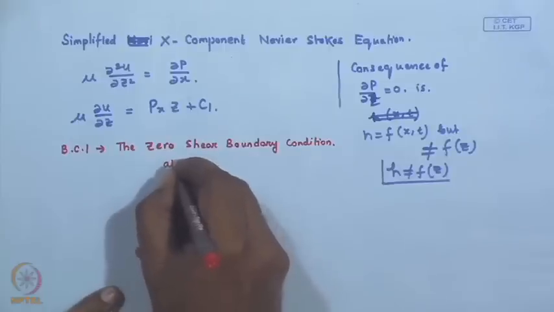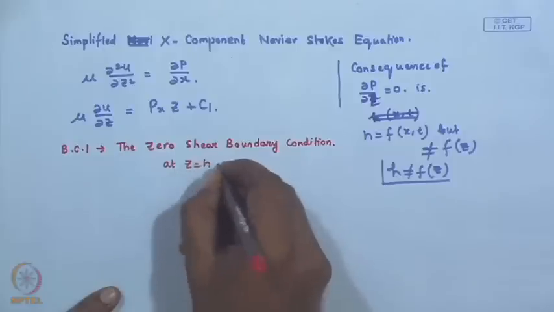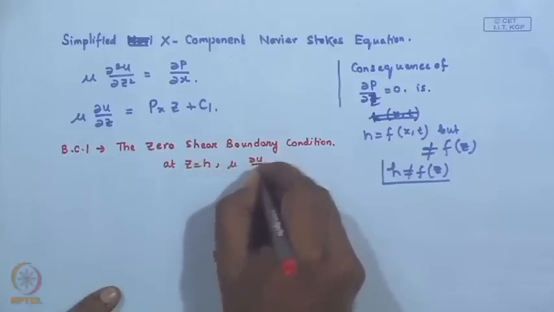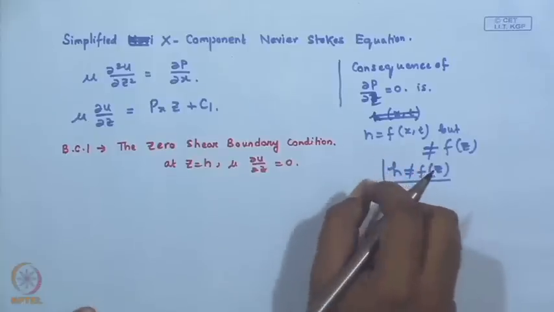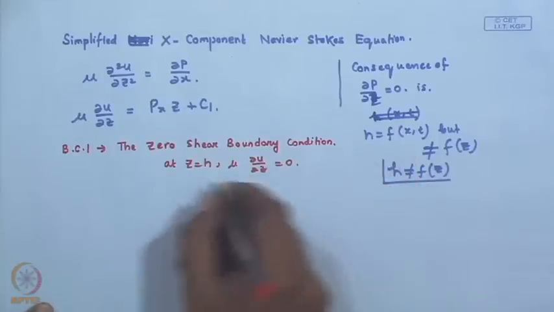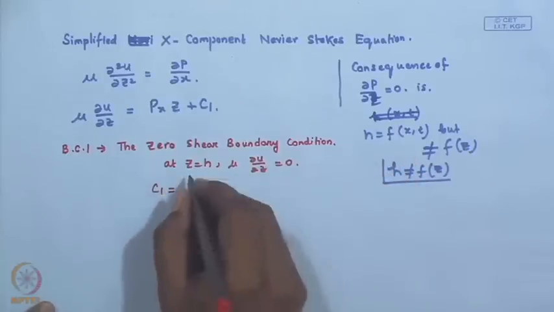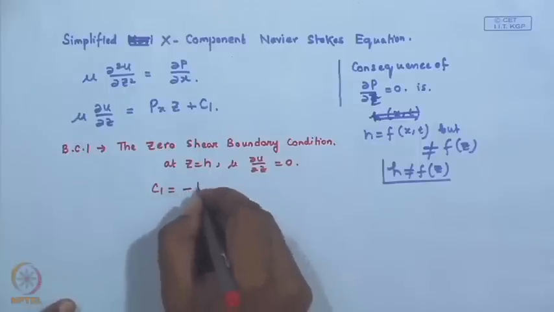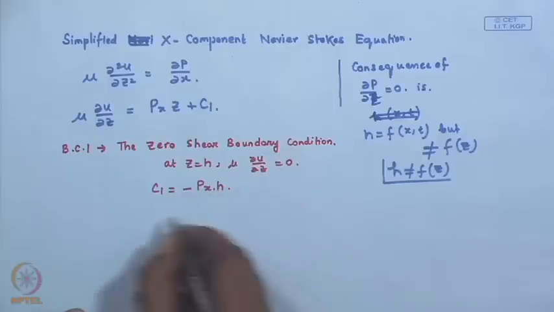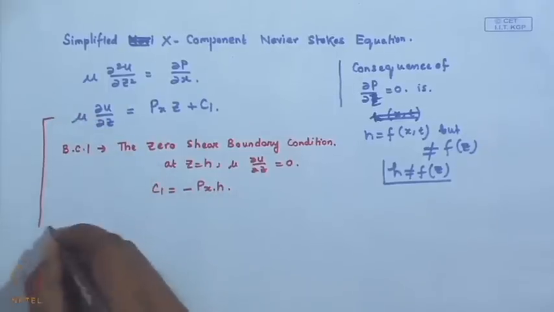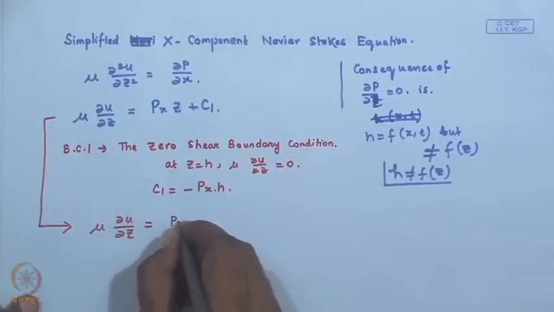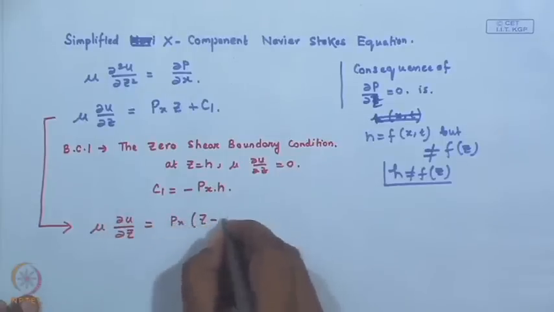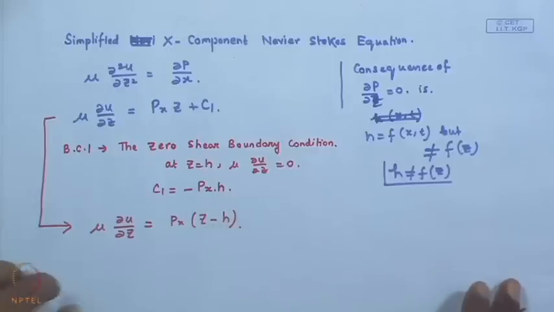So, at z equal to h, mu del u del z is equal to 0. Therefore, you substitute, and what you get is the value of the constant of integration c 1 as minus p x into h, and if you substitute that, you get mu del u del z is equal to p x into z minus h.